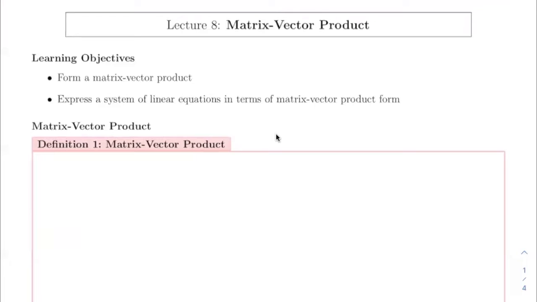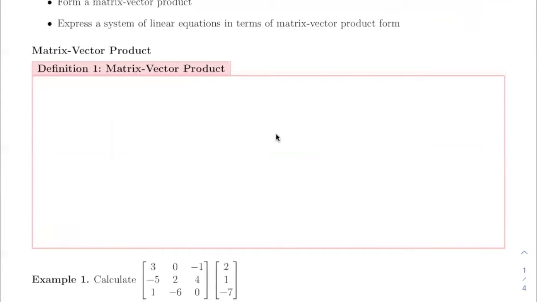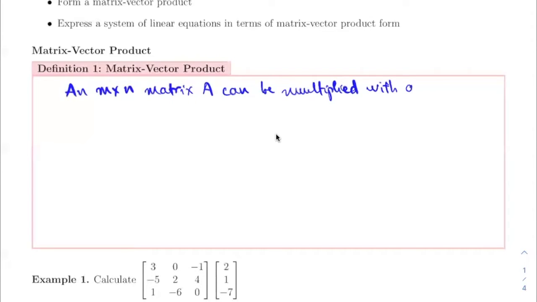So the definition of the matrix vector product is: an M by N matrix A can be multiplied with a vector X with N components.